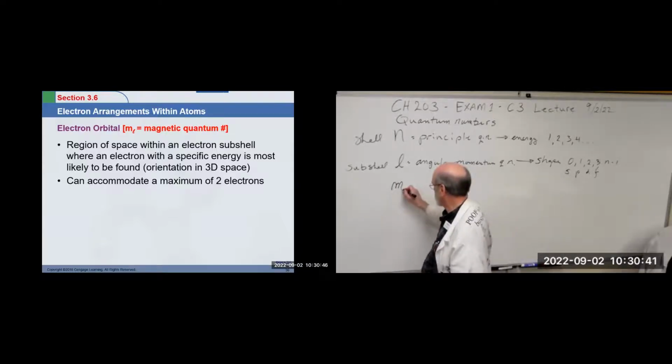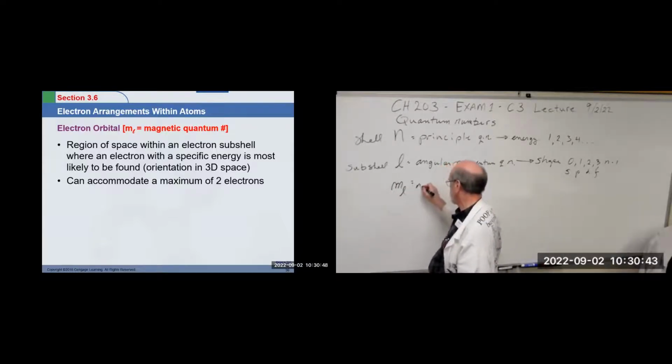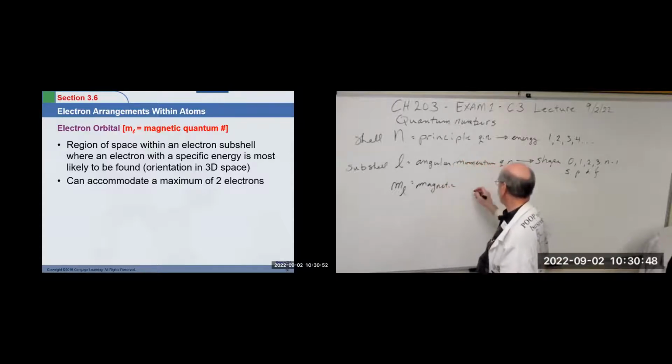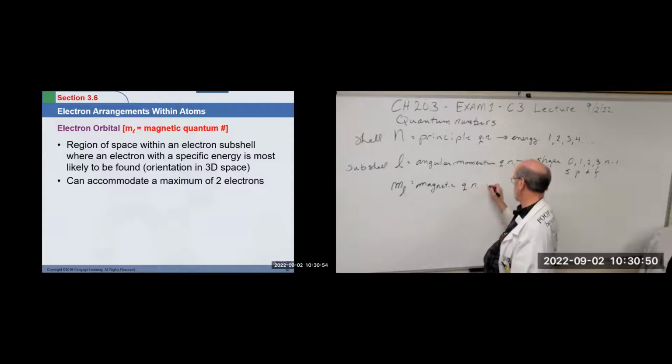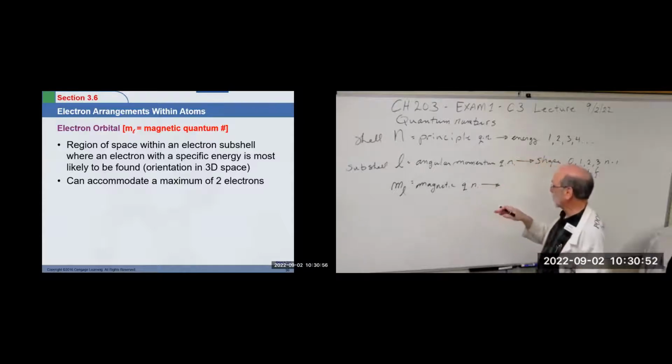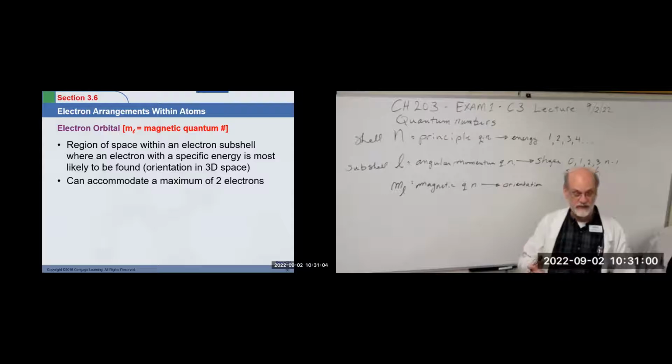This one is m sub l, the magnetic quantum number. This one refers to orientation. Which direction is it pointing in 3-dimensional space?